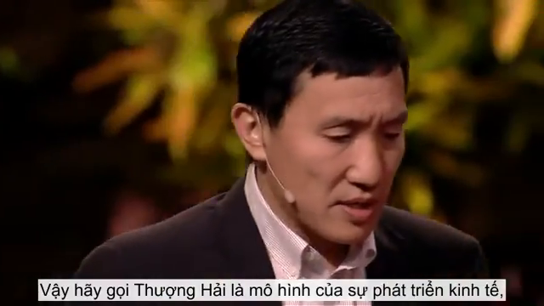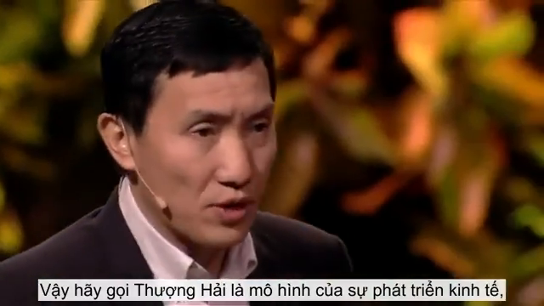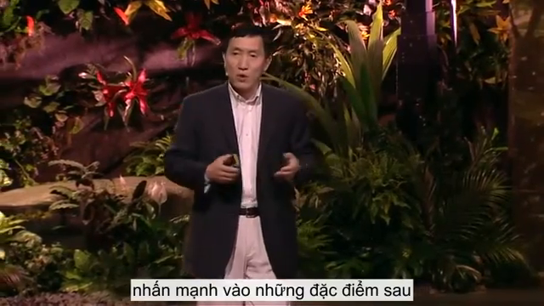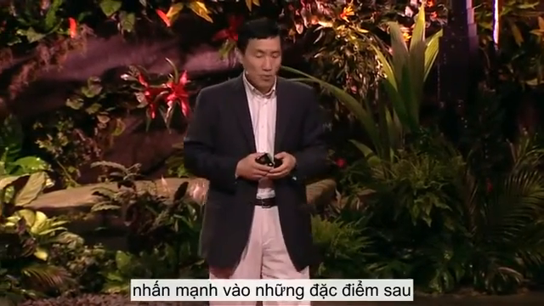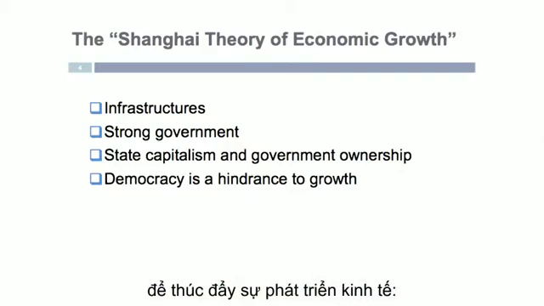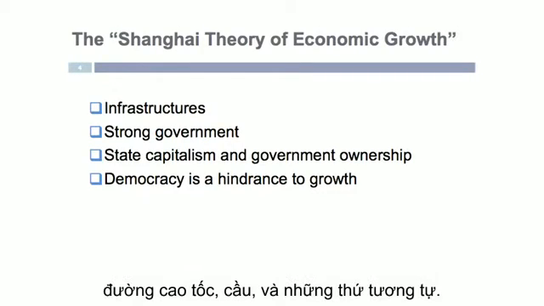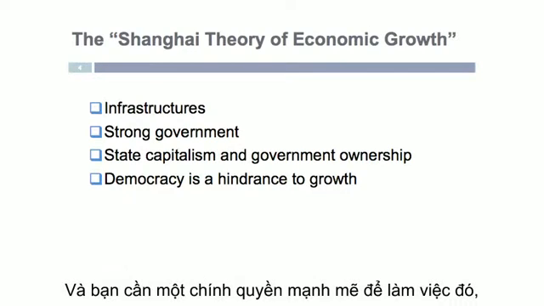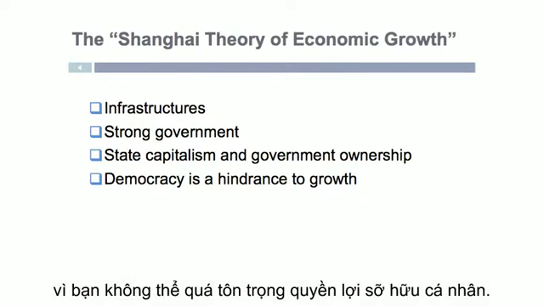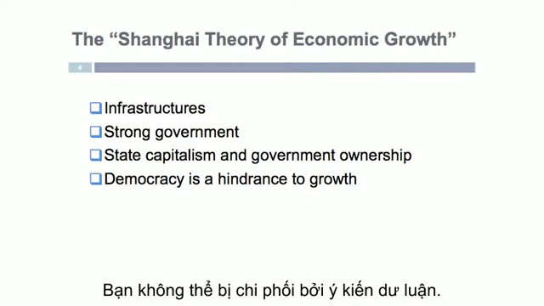So let me call it the Shanghai model of economic growth that emphasizes the following features for promoting economic development: infrastructures, airports, highways, bridges, things like that. And you need a strong government to do that because you cannot respect private property rights. You cannot be constrained by the public opinions.